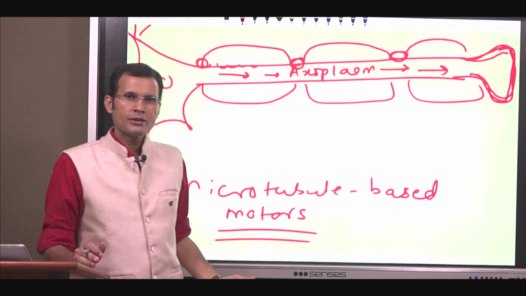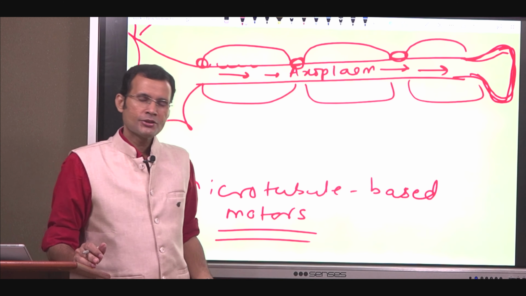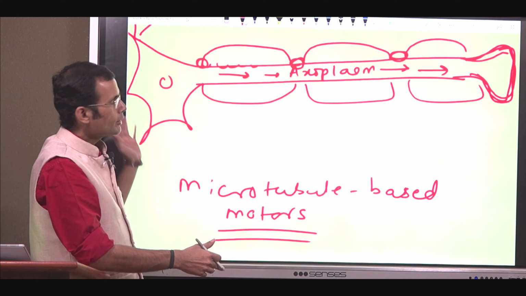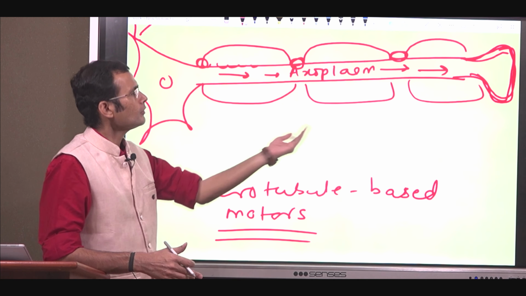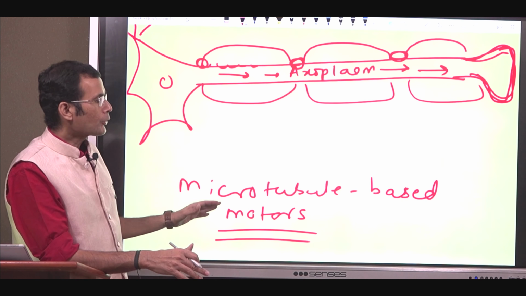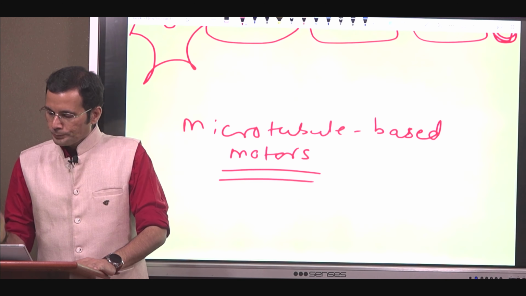Microtubules are the filamentous structures, and they form these motors. So the cargo is transported from one end to the other, from the cell body to the axonal ending, or in the opposite direction. It's carried out by these microtubule based motors.